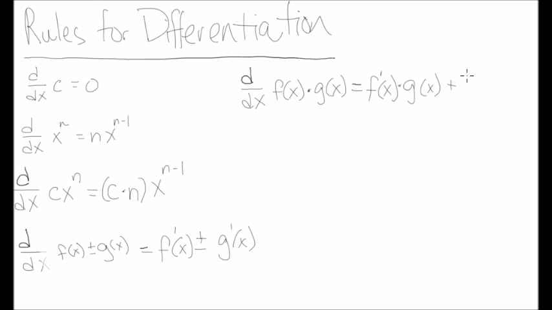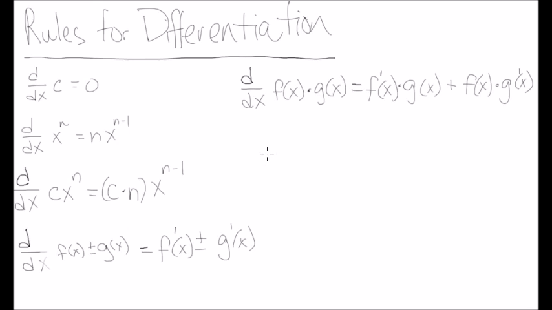And then you add to that the original function times the derivative of the second function. Notice it doesn't matter which order you do them in. It's the derivative of the first times the second plus the first times the derivative of the second.